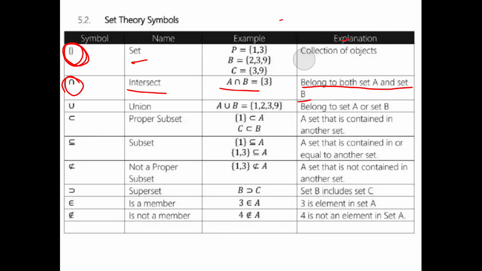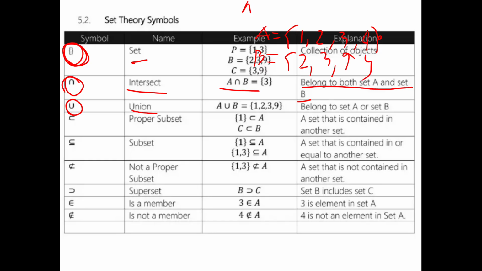Next is the union. Its symbol is the letter U. With union, it belongs to set A or set B. For example, we have A, which is 1, 2, 3, 4, and then we have set B, which is 2, 3, 9.